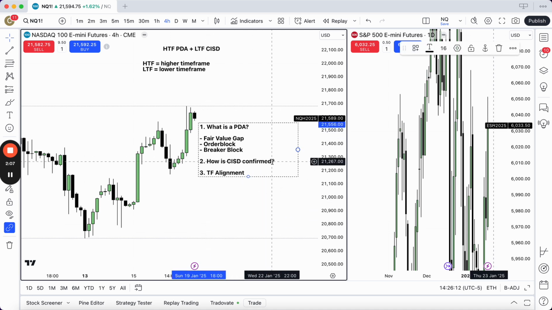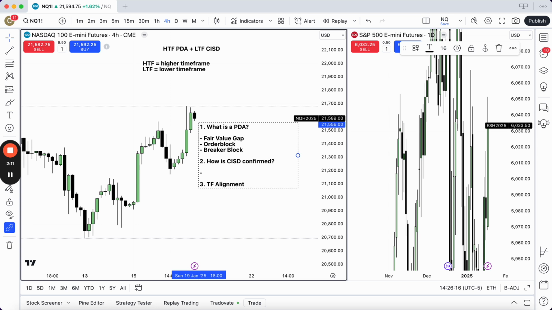How is a change in state of delivery confirmed? A bullish change in state of delivery is confirmed when we have a candle closure above the series of down close candles that swept lows.